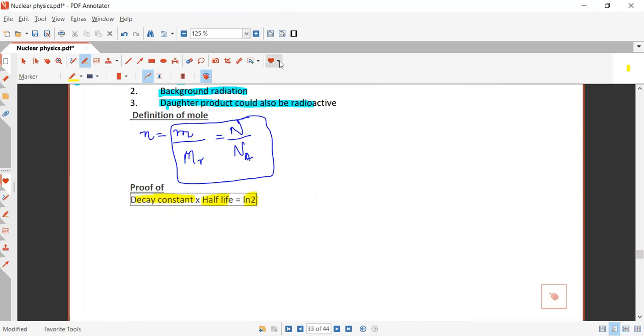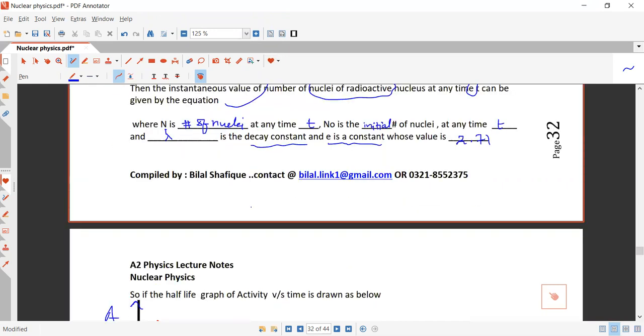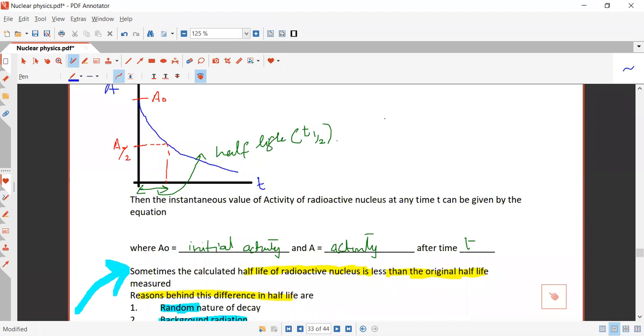So let's start proving it, right? Our formula is N equals N naught times e to the power negative lambda t. And if we have the activity graph, then the formula is A equals A naught e to the power negative lambda t, right?